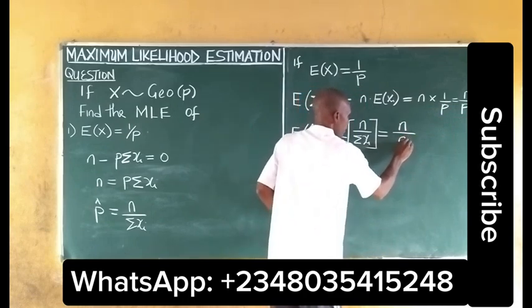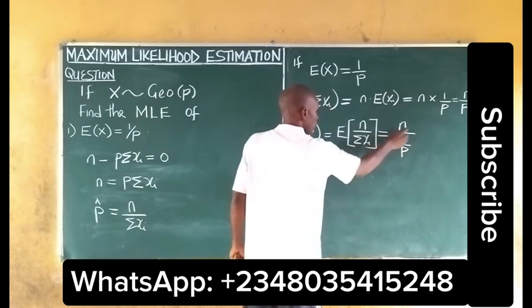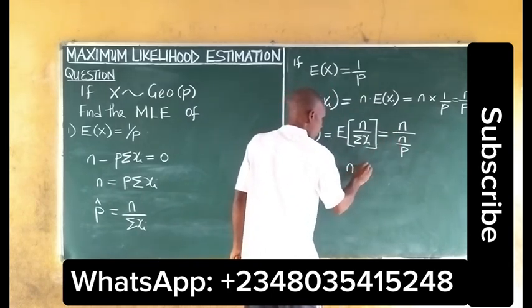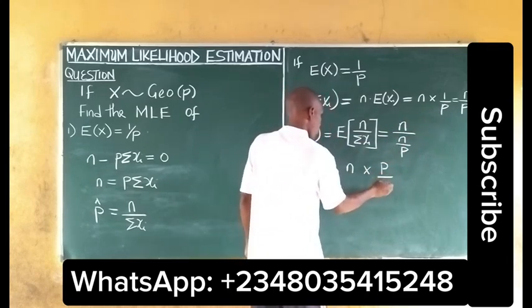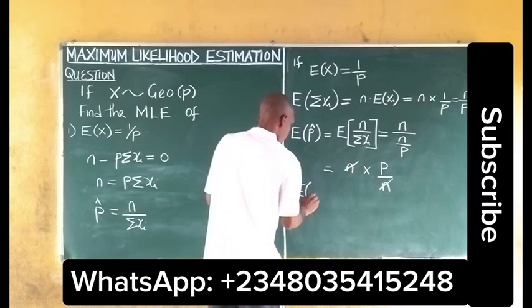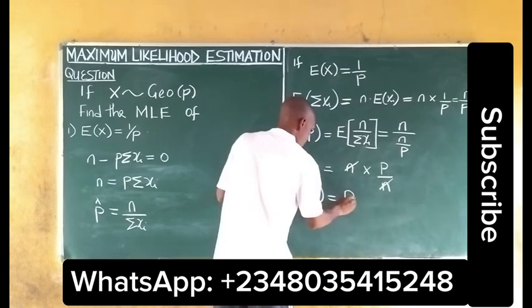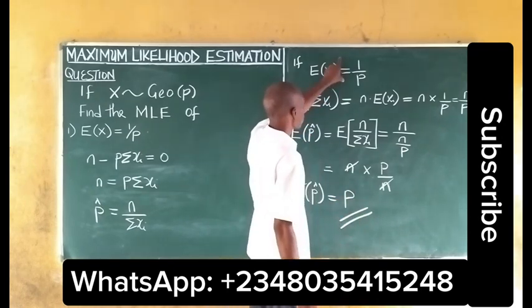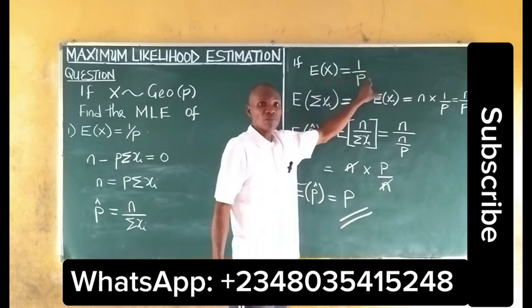So we have n all over n all over p. If this is going over to this side, it becomes p all over n. Of course, this can cancel this. Then the expected value of p estimate is equal to p. That is what we can show if the expected value of x is equal to 1 all over p.